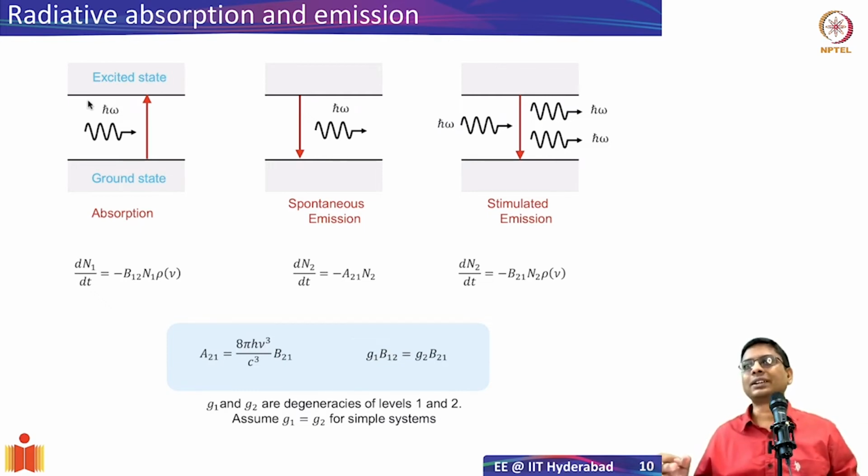And that is why it turns out it's quite challenging to build a blue laser. Red laser is easier to build, but as you go to higher and higher frequencies, the spontaneous emission process dominates. And spontaneous emission essentially means the photon is emitted in some random direction. So that's not something that we prefer usually.